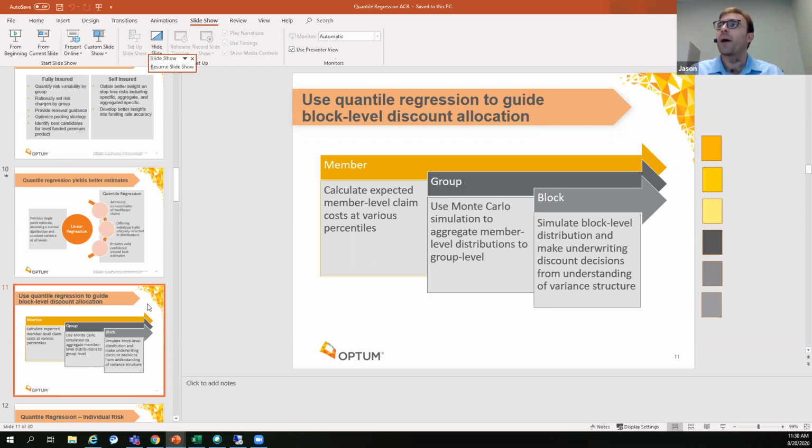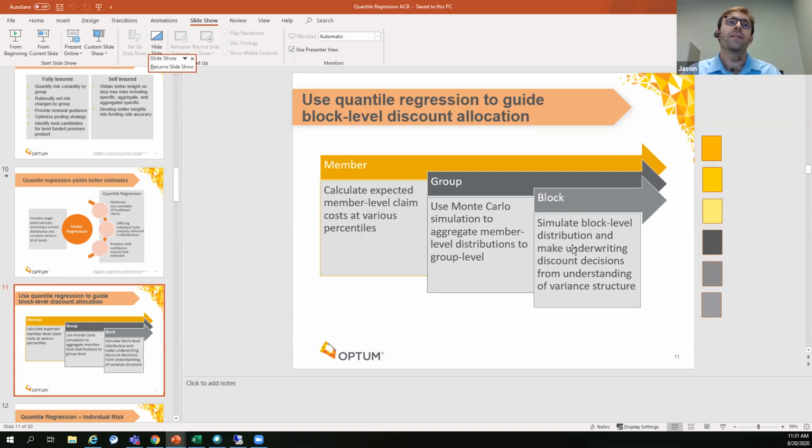That is really the power of this quantile regression, because it changes our whole perspective from comparing different groups' experience to each other within a block, hoping that groups follow the same distribution, so that we can say, if you have low claims within the block, then you're healthy, and if you have high claims in the block, then you're sick. Instead, it allows you to say, relative to that group's experience, what does the profile of possible outcomes in their claims distribution look like? So that's that.